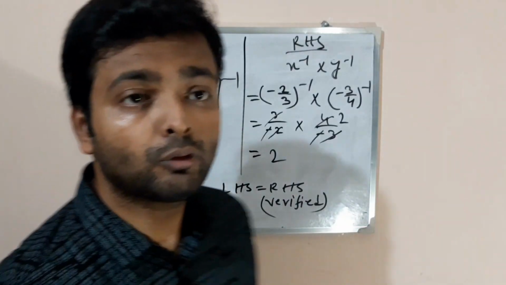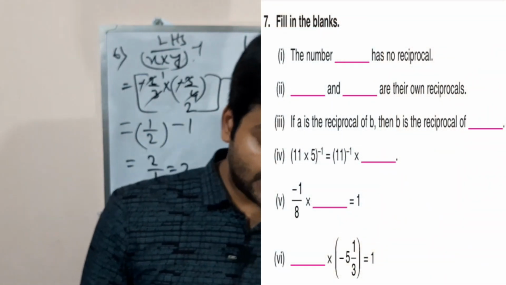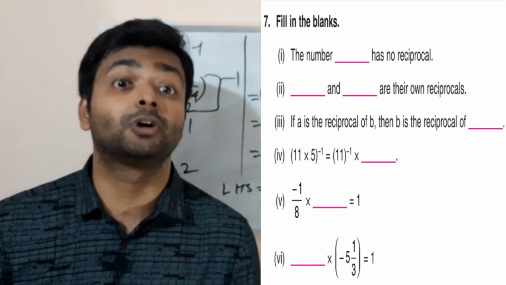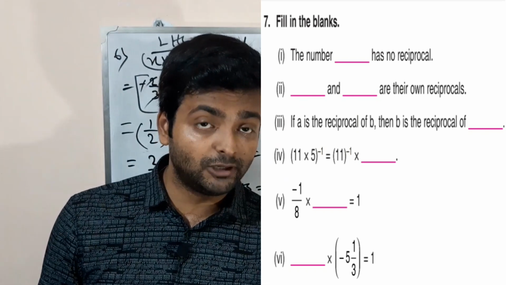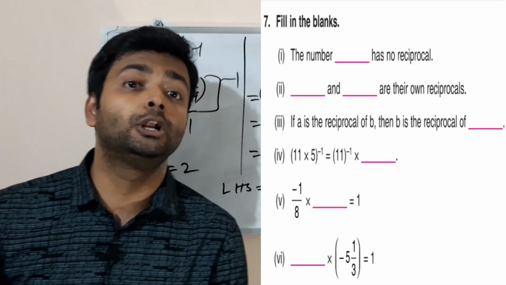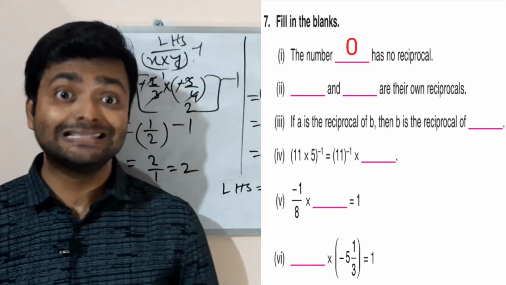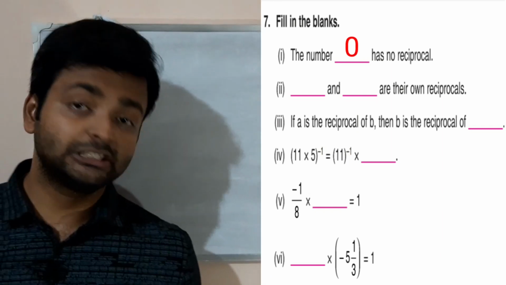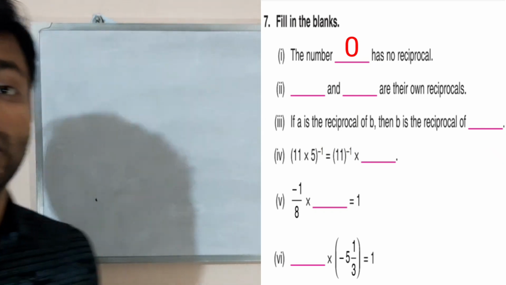So now question number 7, fill in the blanks. The number dash has no reciprocal. In the introduction, in the beginning of this video, I told you which number has no reciprocal? 0. So the answer should be 0. Next question number 2, dash and dash have their own reciprocal.